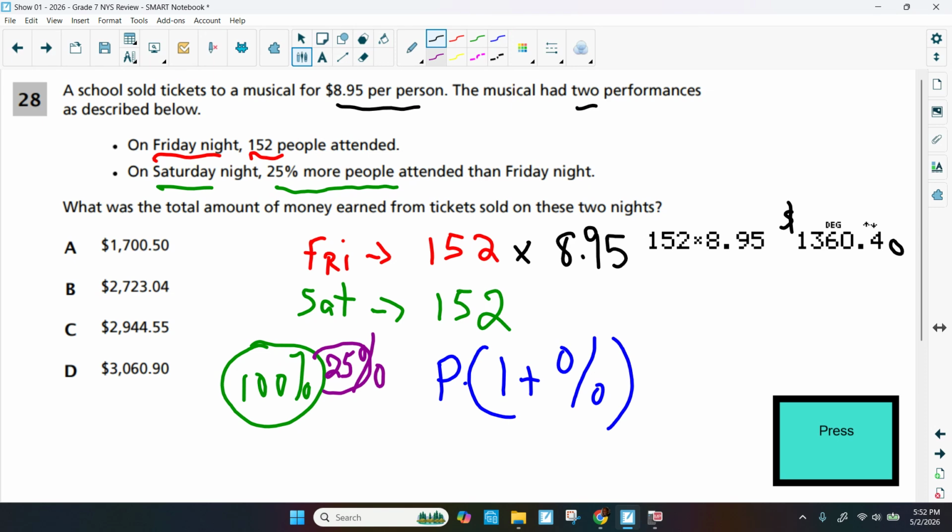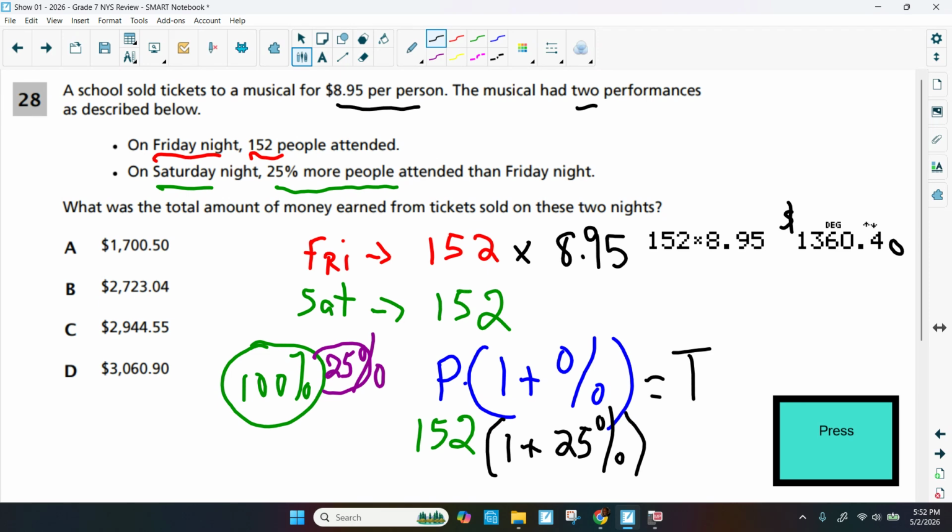That equals the total cost. So if you remember what we did, we took our number of people, which is the number of original people, and that's 152. We multiplied that by 100% plus the increase of 25%.